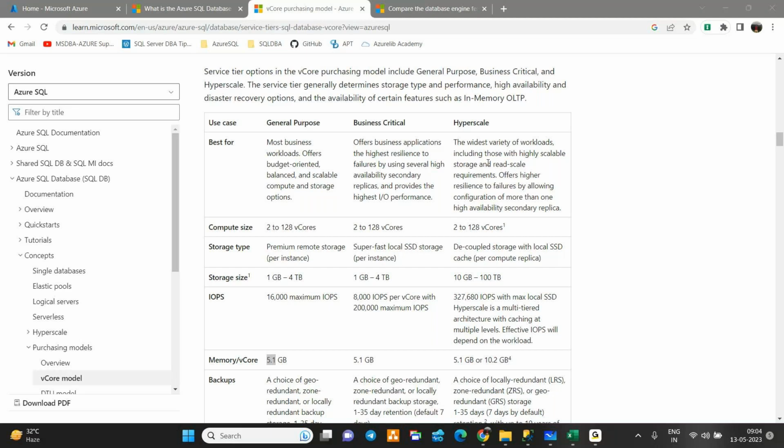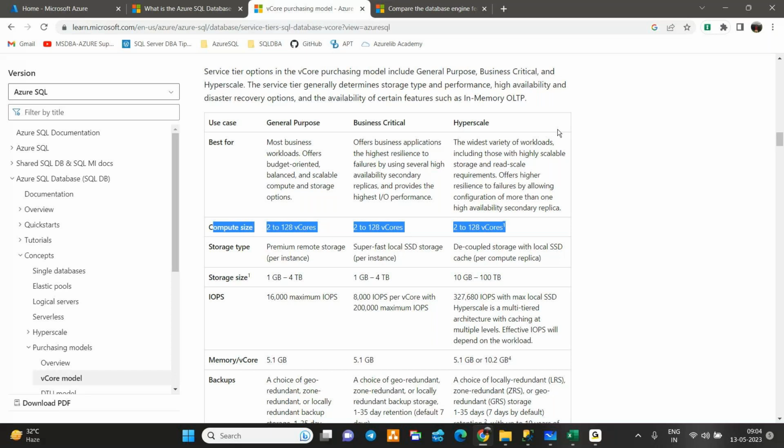Getting my point, everyone? Maximum you can get 128 cores in any performance tier, either General Purpose, Business Critical or Hyperscale. Minimum is 2 cores.